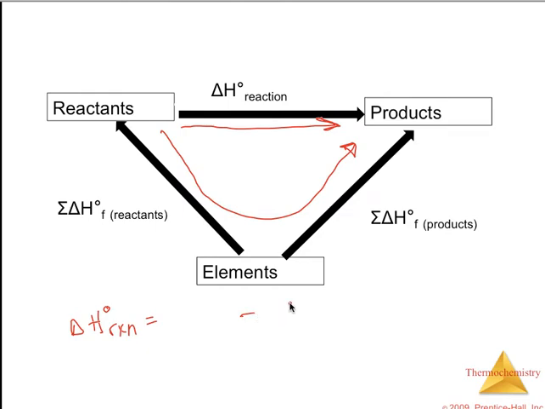So it's negative the sum of the heats of formation for the reactants. And then I'm going in the direction for the sum of the delta H heats of formation for the products. That's how you look at an energy cycle.